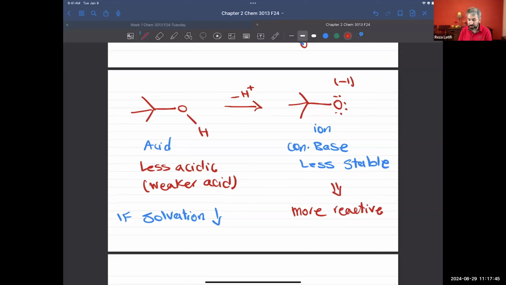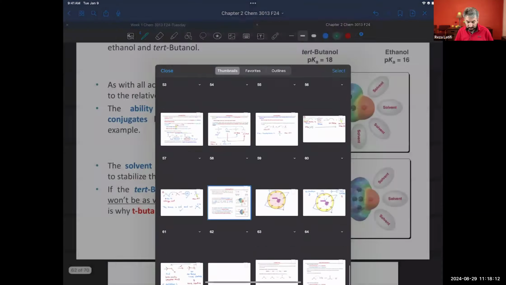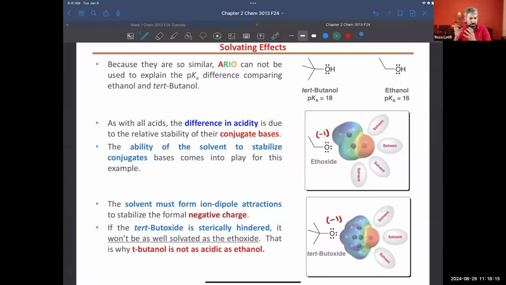More reactive means it's going to be looking for H plus, and it will turn back in this direction because it's less stable. If it's too reactive, it will try to get H from somewhere and get back to the starting point. And this is technically the solvation effect. So the higher the solvation, the more stabilization we get, and the stronger the acid will be.